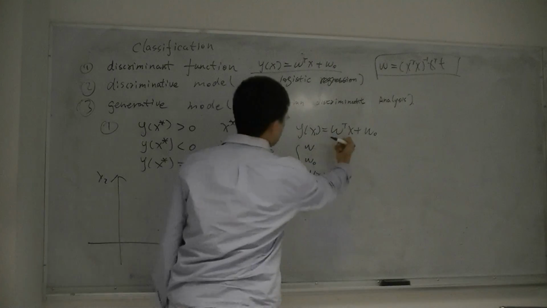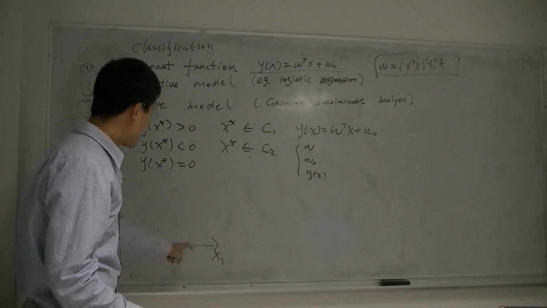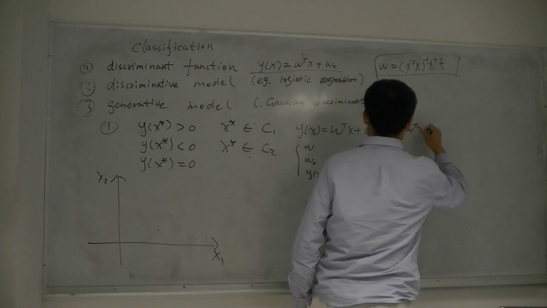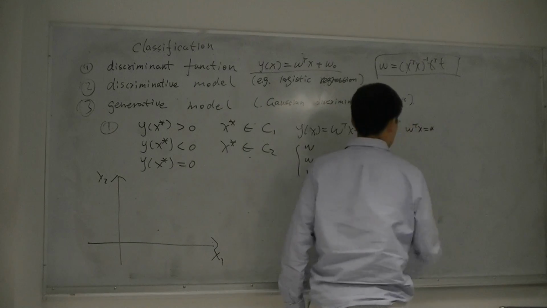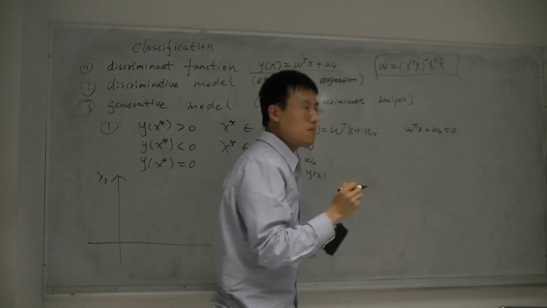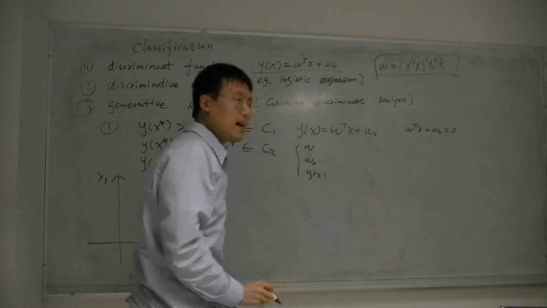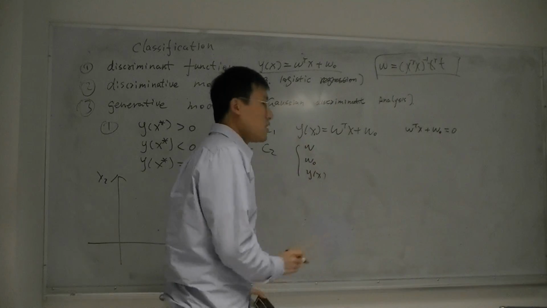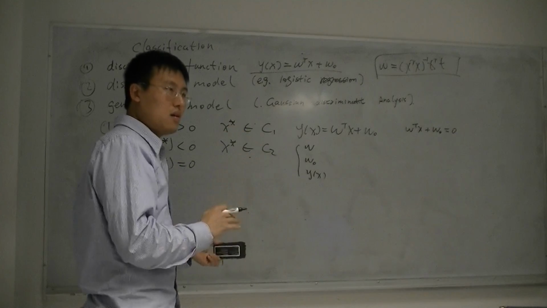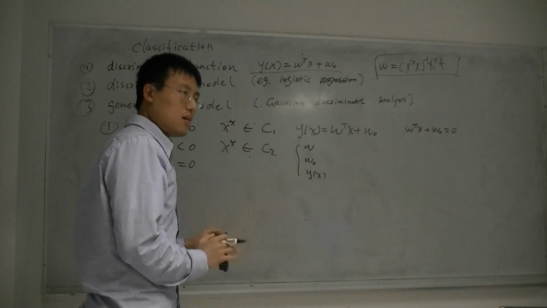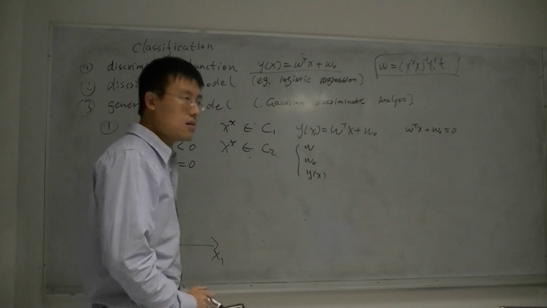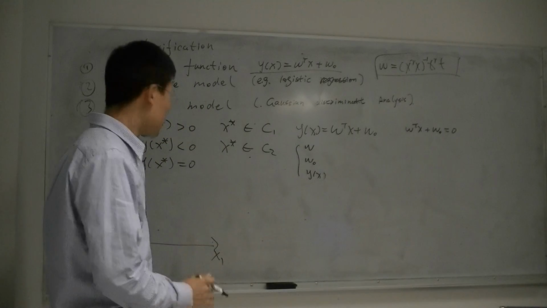The input x is two dimensional, containing x1 and x2. If we set y of x equal to 0, then this is a one-dimensional line. So for any given d-dimensional data, we can have a d minus 1 dimensional hyperplane to linearly separate the input vector x, and then we can do some classification.